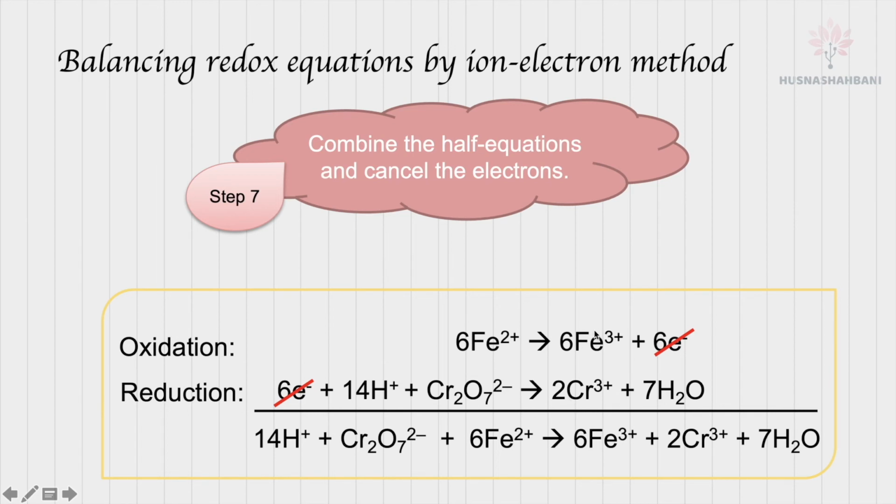Whatever is on the product side, you put on the right, after the arrow. So 14H plus Cr2O7 2 minus plus 6Fe, because this is the reactant. Combine, it must be at the reactant side. Then this is at the product side, put at the product side and copy back everything at the product side, becoming one equation. You have to cancel out the electron. In order to cancel out the electron, make sure the number of electrons are the same.